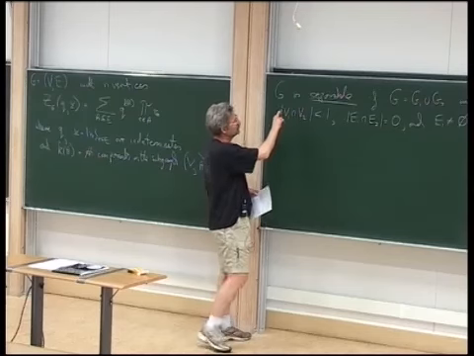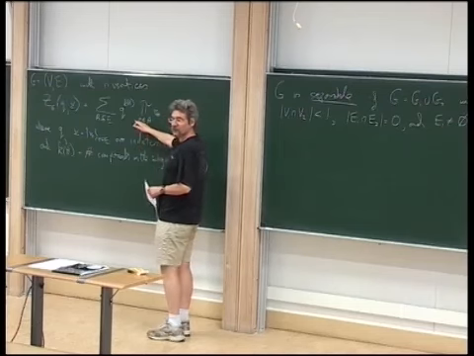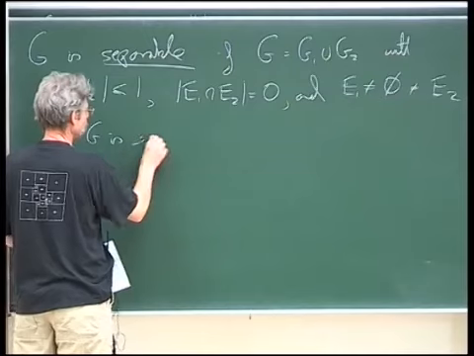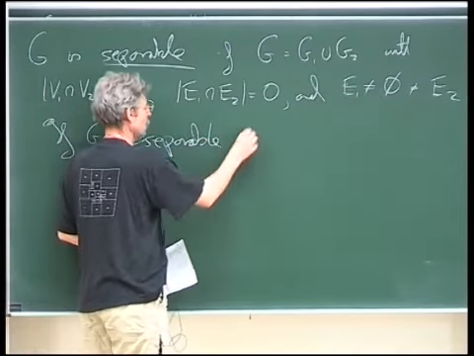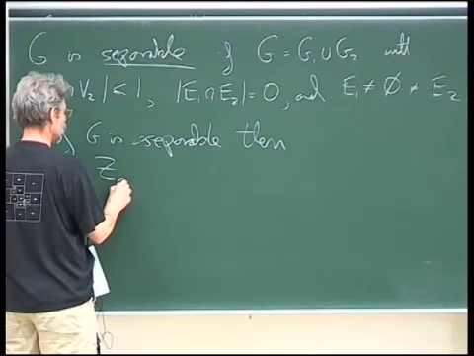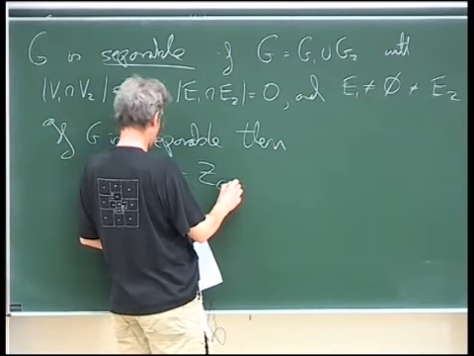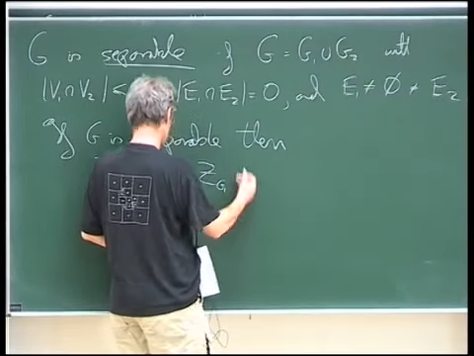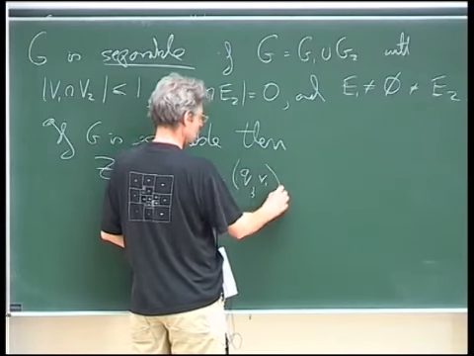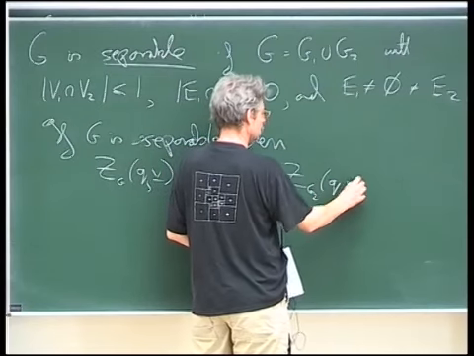So it's known that if J is separable, then we can write the multivariate Tutte polynomial as a product. So if J is separable, then Z_J of q, v is Z_J1 of q, v1 times Z_J2 of q, let's call it v.